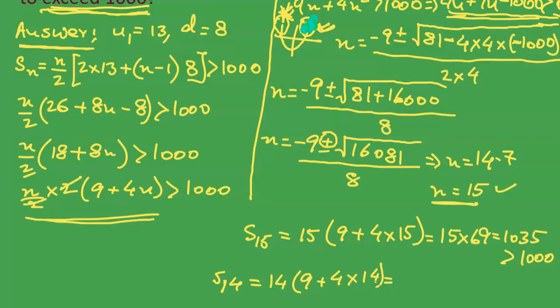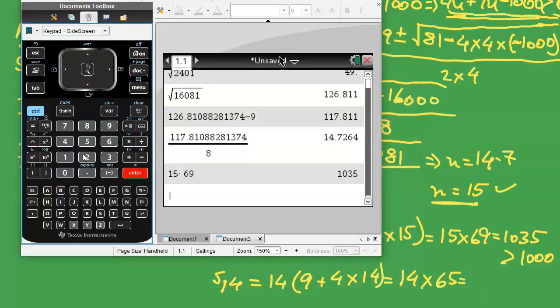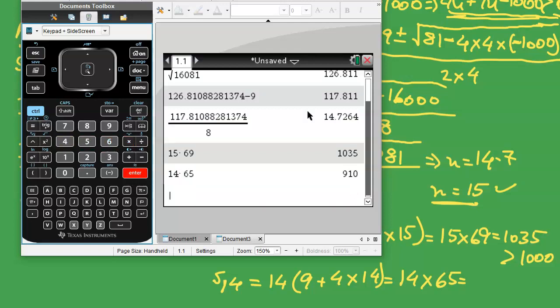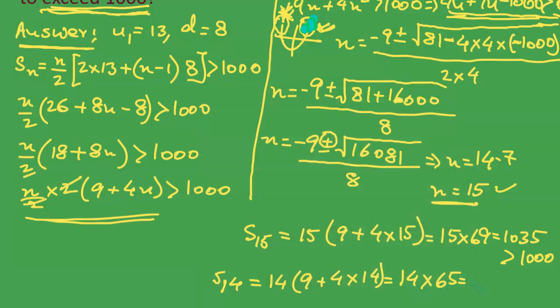It is 56. 56 plus 9 is 65. So it is 14 times 65, which is equal to 910, which is less than 1000.